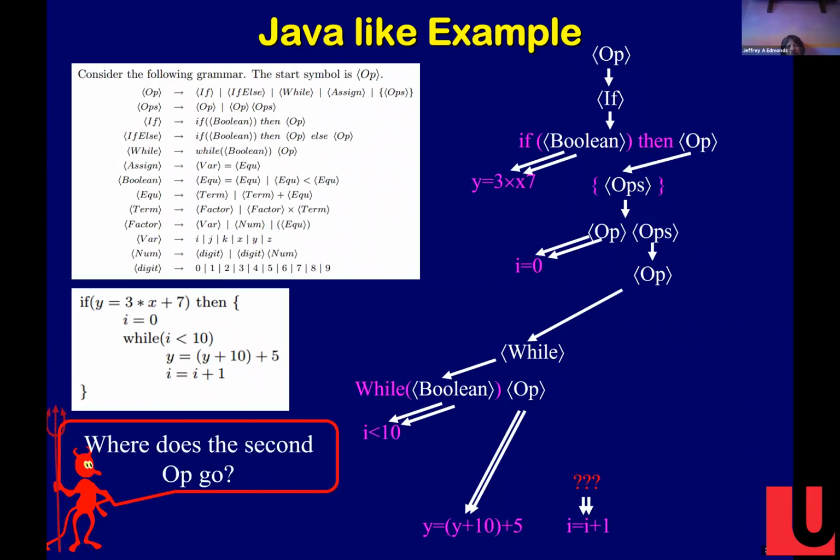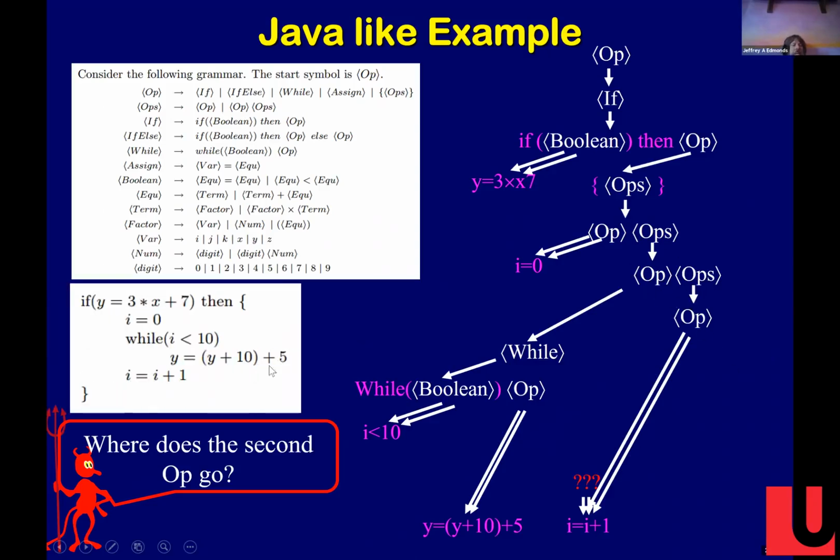Yeah. So if we have this grammar, well, where did the second operator go? It should go up here, and so really the code is doing this. The second operator is inside of this if statement. It's not inside of the while statement.